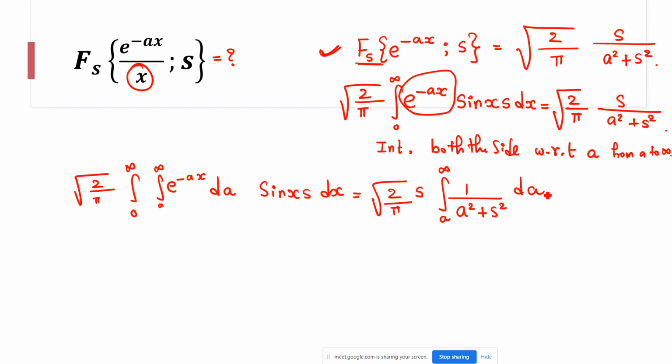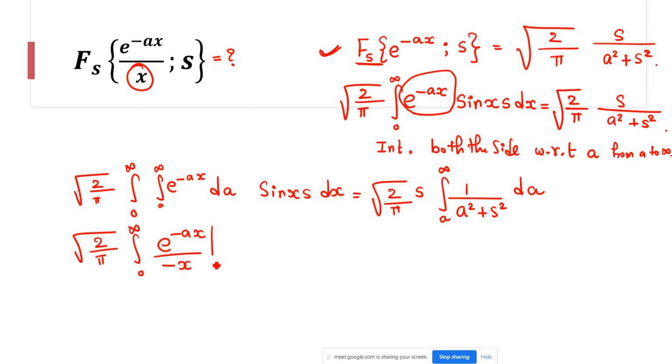Now it is using a simple integration only. Root 2 by pi integrating 0 to infinity, the integration of e raised to minus ax is e raised to minus ax divided by the coefficient, that is minus x.